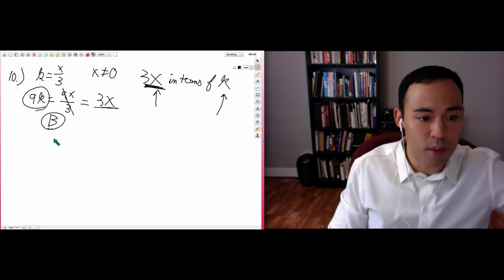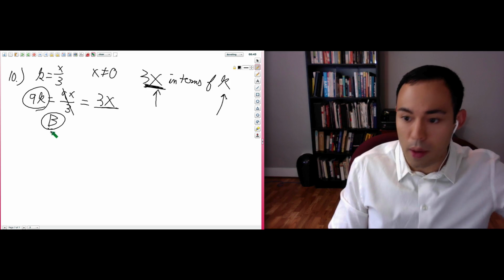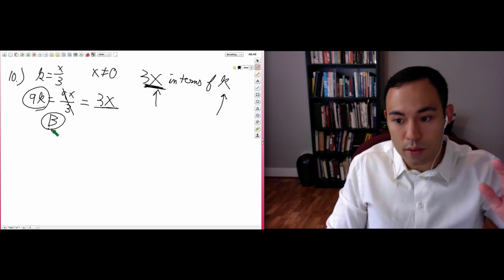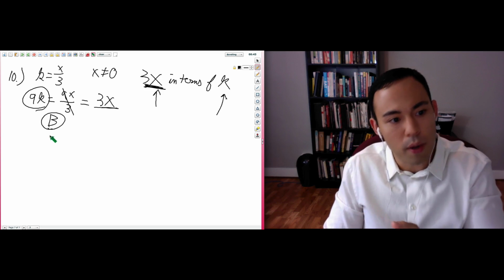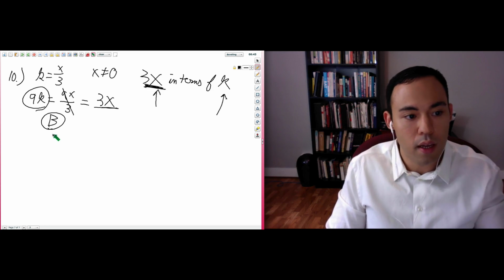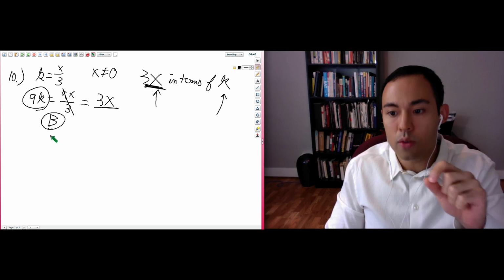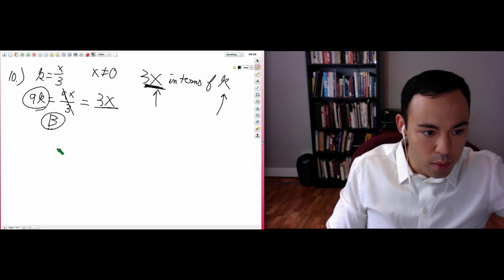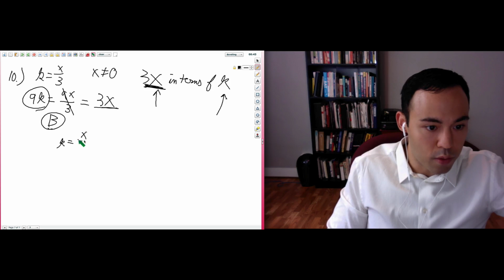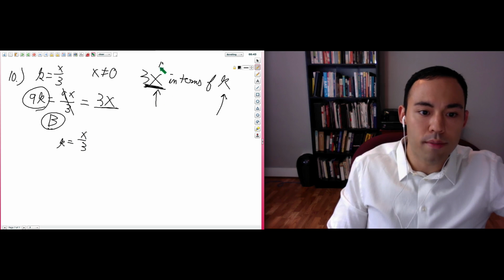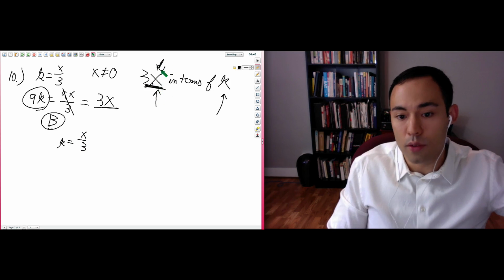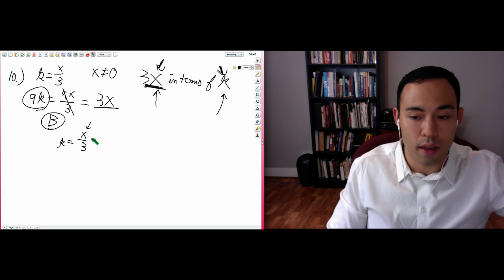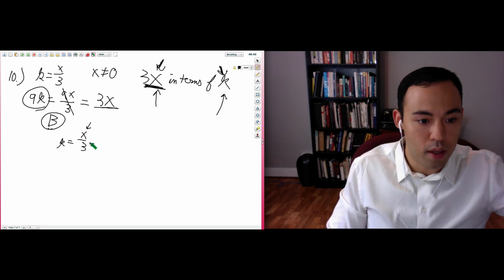Another way of doing it, because sometimes students ask me how would you know to do that on the test? Let's say you didn't immediately see that multiplying by 9 would make it look like this. That's okay. You start to do some algebraic manipulations to get to know the problem. So here we got k equals x over 3. I know they want 3x, or something having to do with x, in terms of k. So I'm going to isolate x by itself in this equation.